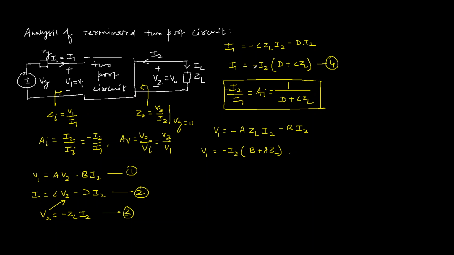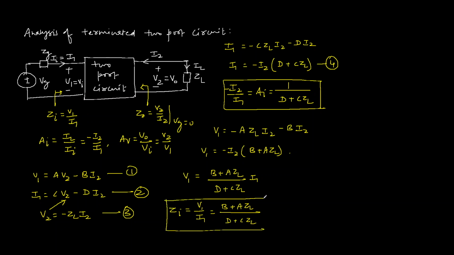So replacing minus I2 from equation 4 into this equation, V1 is B plus AZL over D plus CZL into I1. So input impedance, which is V1 over I1, is B plus AZL over D plus CZL. This is the expression for input impedance.